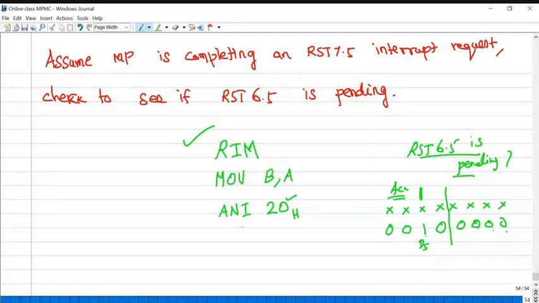Based on the accumulator result after this AND operation, you will know whether RST 6.5 is pending or not.